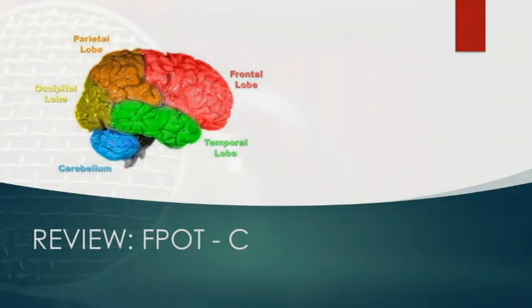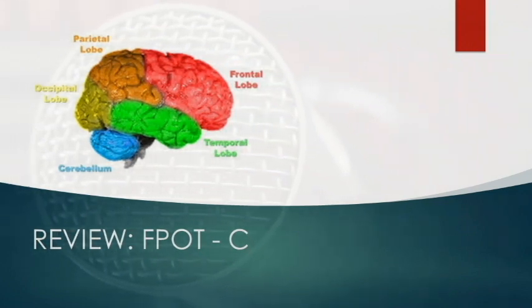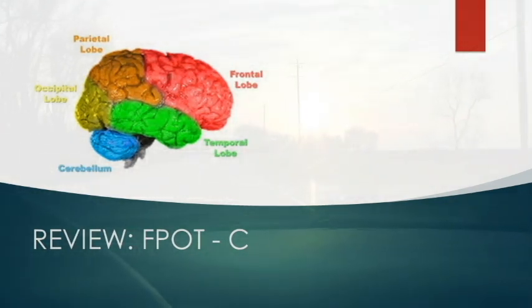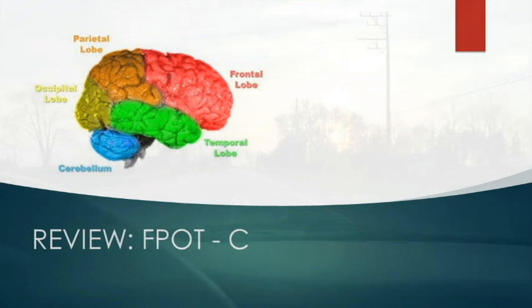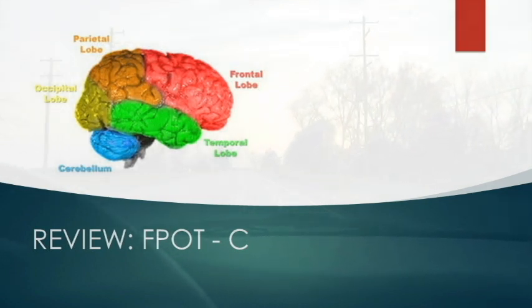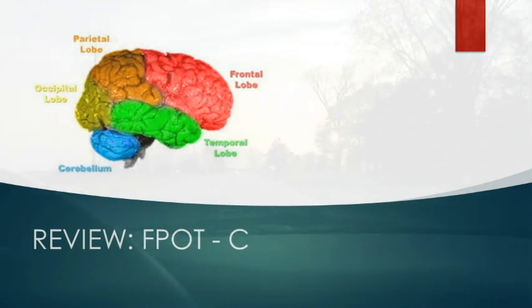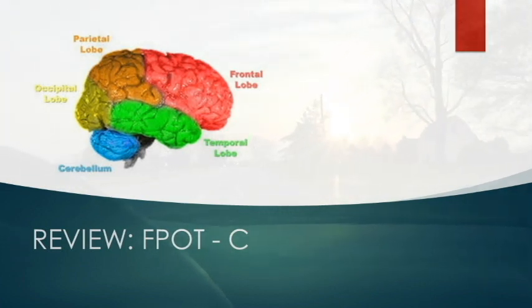That's your F. And then pot is the top of your head, the back of your head, the side of your head. And then C, you tap the bottom back of your head again. So you go F, pot, C, by tapping those different parts of your head. And it very easily helps you to remember your lobes.